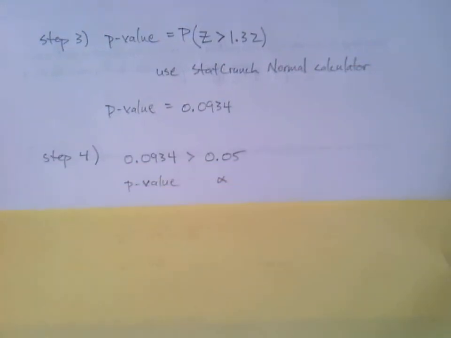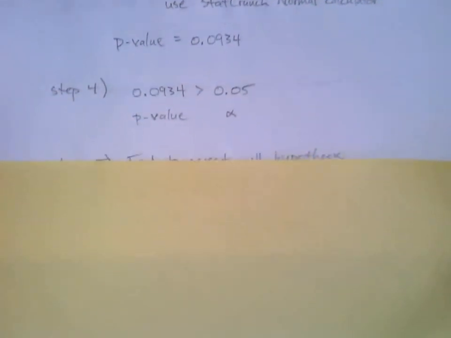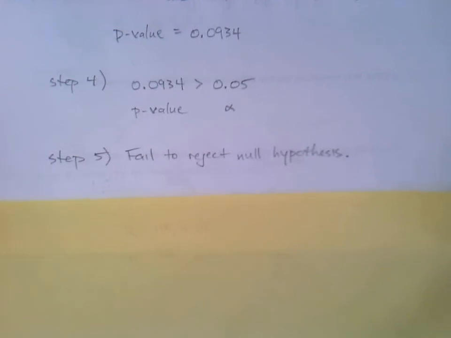Here's what it is. Oh, we had done step 4. The answer to step 5 is we fail to reject the null hypothesis. Like, oh, that's interesting. Maybe you thought that it was the other way. Here's why. Think of that language of someone in front of a jury, right? When the jury comes back with their decision, we've seen it in movies at least, the head juror walks out with an envelope, and they hand it to the bailiff, and then the bailiff hands it to the judge, right?